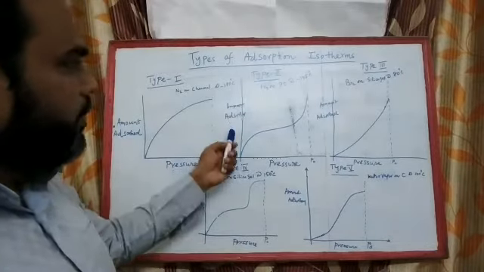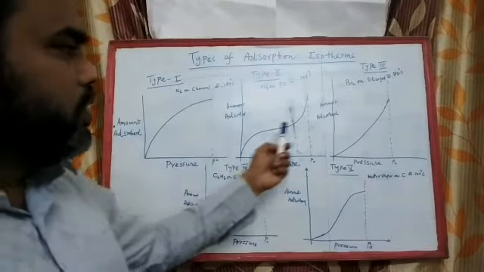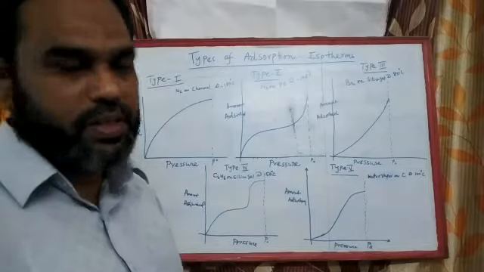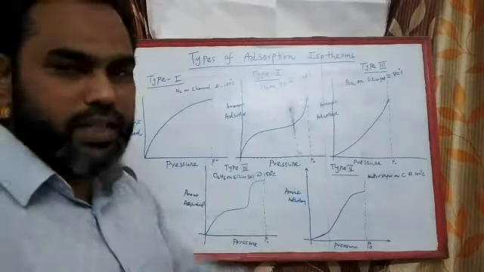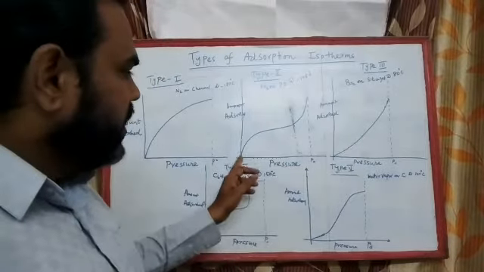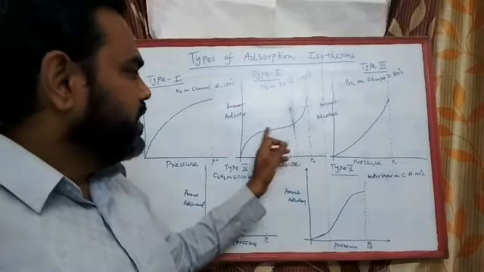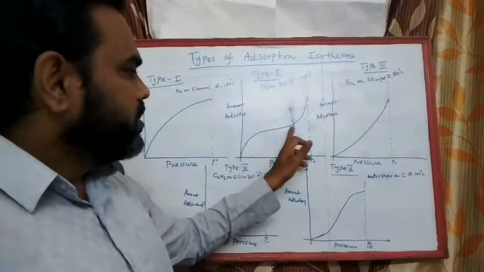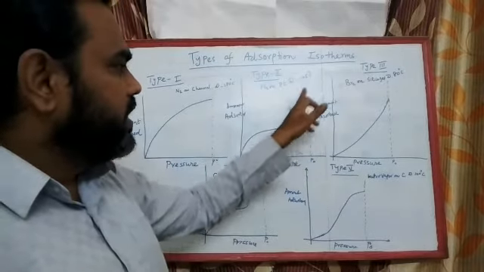Type 2 and type 3 are about multilayer adsorption. Type 1 is about monolayer adsorption. Here you can see the amount adsorbed increases with the increase in pressure, reaches a saturation, and then there is a further increase.